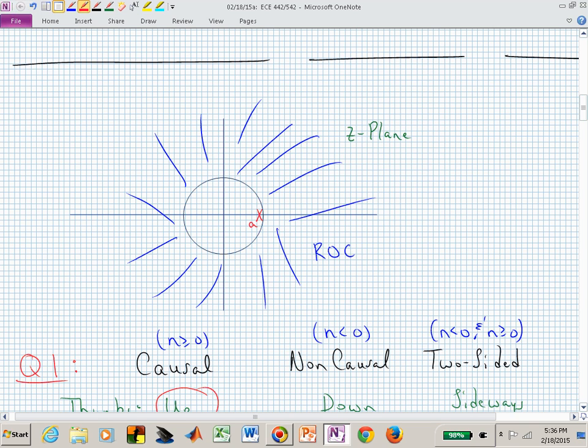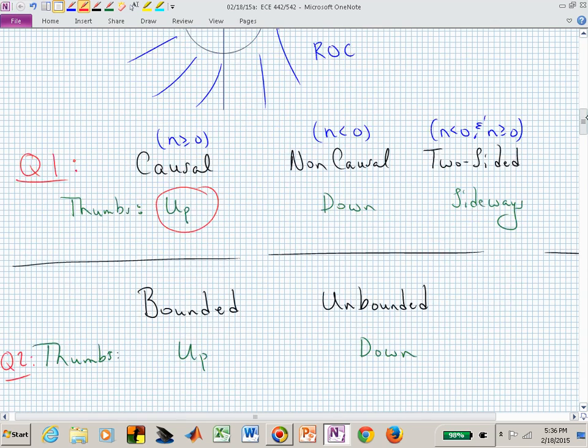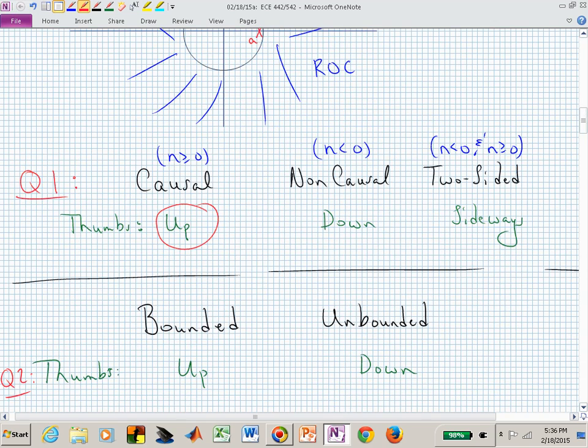That circle that's bounding or bordering the region of convergence is not necessarily the unit circle, and the pole is right on the boundary. My drawing is not very accurate, but the pole bounds the region of convergence. Are we ready to answer? One, two, three.